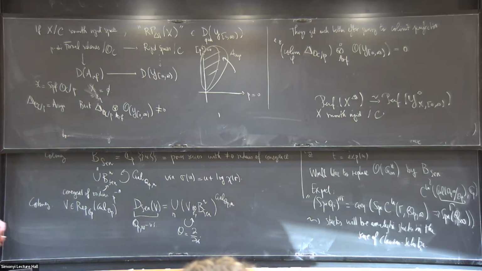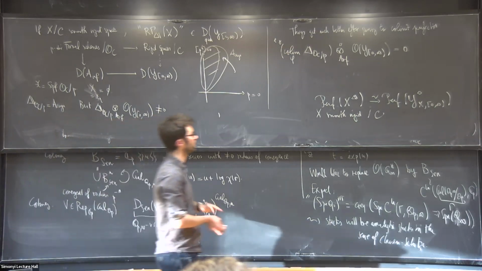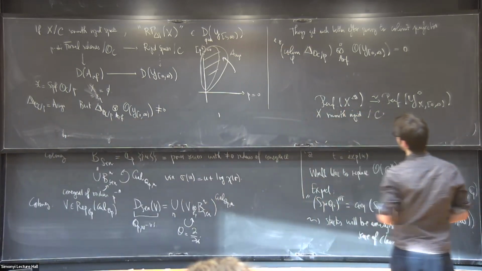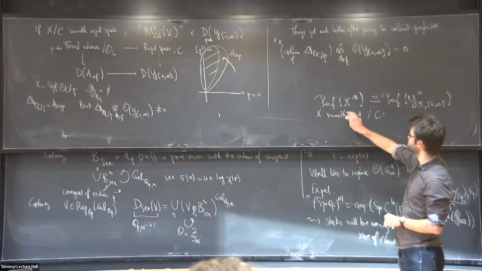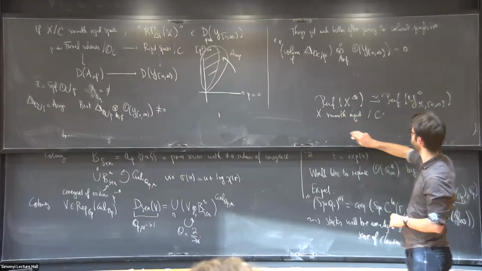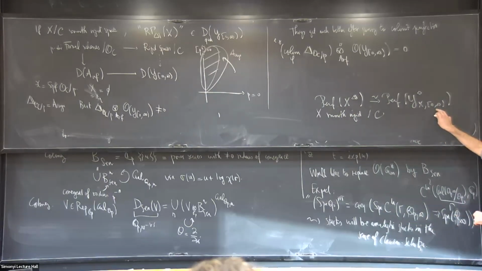Well, you see, in particular, in this case, by looking at the morphism of the unit object, you see that at least in the smooth rigid case, the cohomology of the structure sheaf here should be the cohomology of the structure sheaf over there, which is basically the base change of pro-étale cohomology.